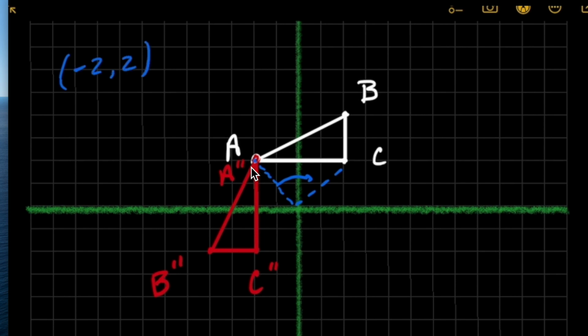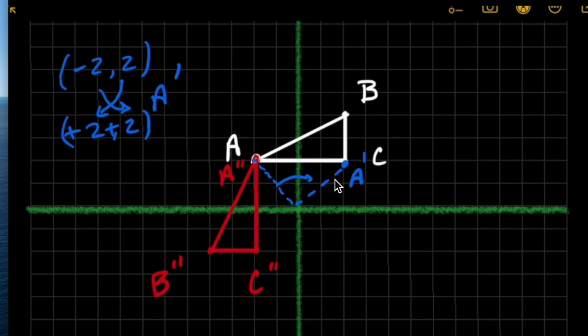When you do a 90-degree rotation, you switch the integers, which in this case doesn't matter because they're the same, and then the new integers assume the signs of the quadrant. So here we're moving into quadrant 1. That means both of these are going to be positive, and that's going to be our A prime. So A prime is going to be right there.